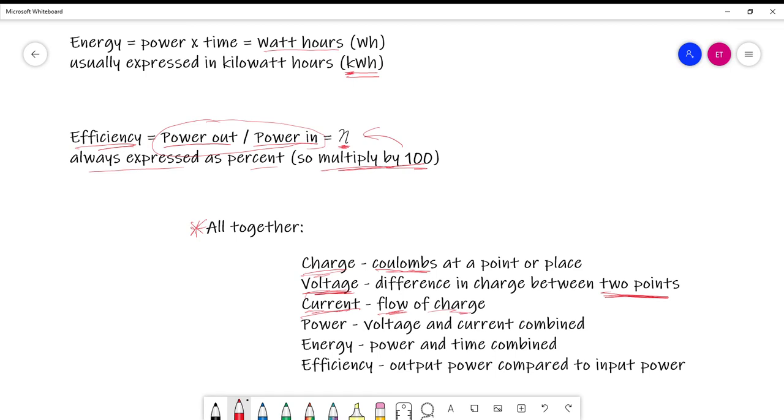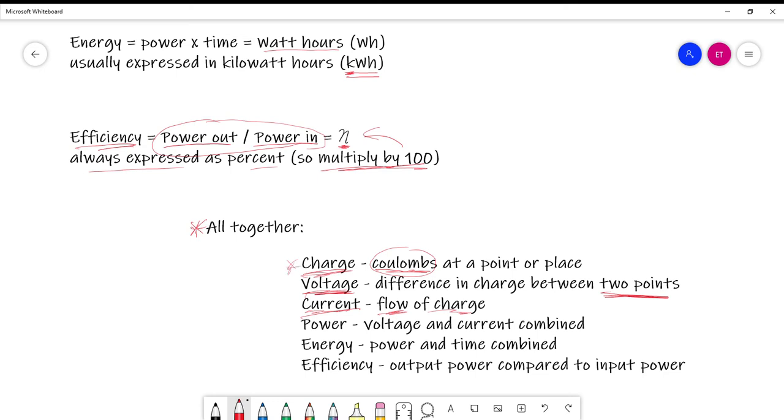You can think of flow as how many coulombs flow past a given point for a given time. So, of course, for the ampere, 1 coulomb per second is equal to 1 amp. So again, it does keep going back to this coulombs thing, doesn't it? Or charge, right? So it all starts with charge.